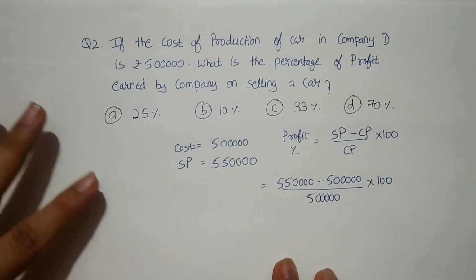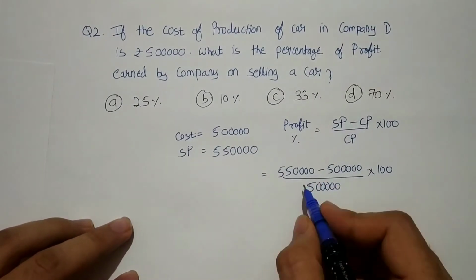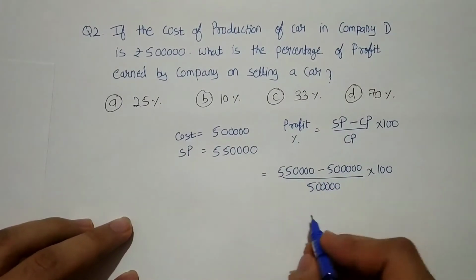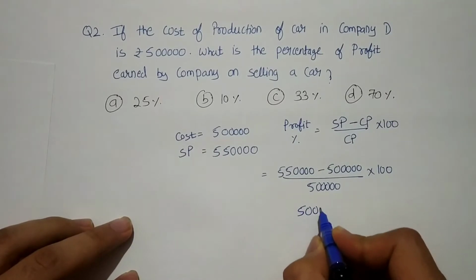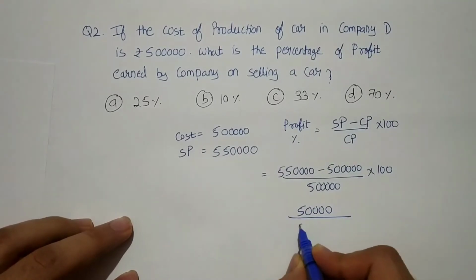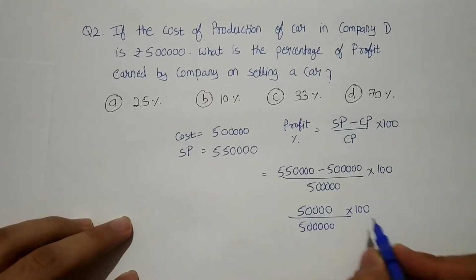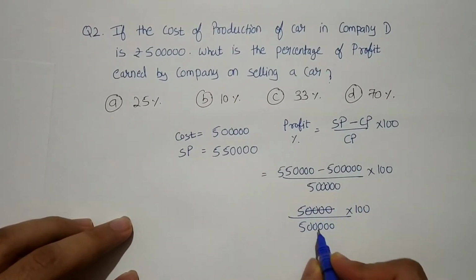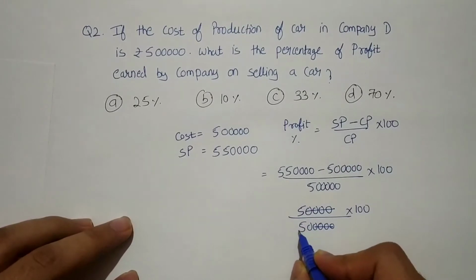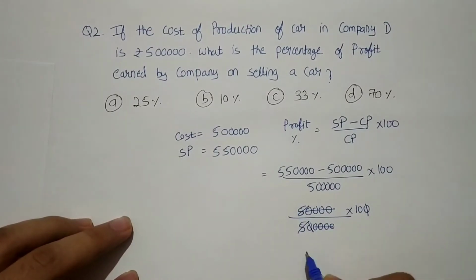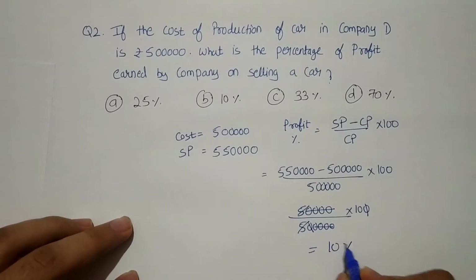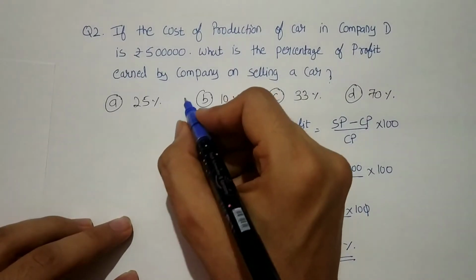Very simple formula which we are using in profit and loss type questions. So 5,50,000 minus 5 lakh is going to give you 50,000 divided by 5 lakh into 100. So the zeros cancel, and 5 5 gets cancelled. So the answer is going to be 10%. So it is option number 2.